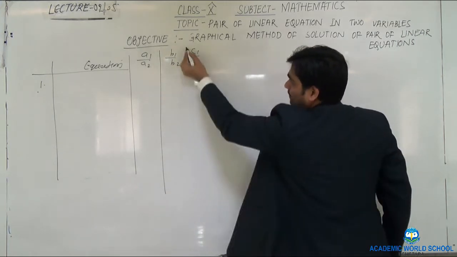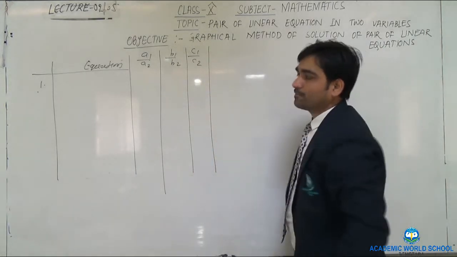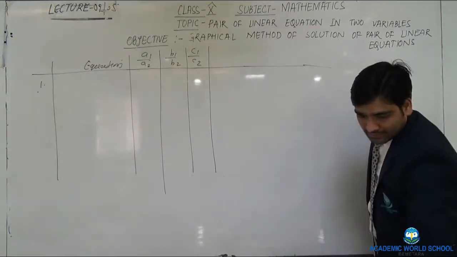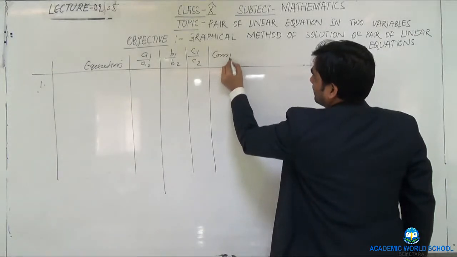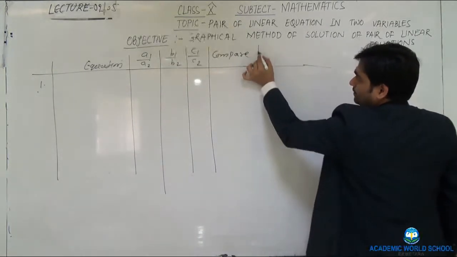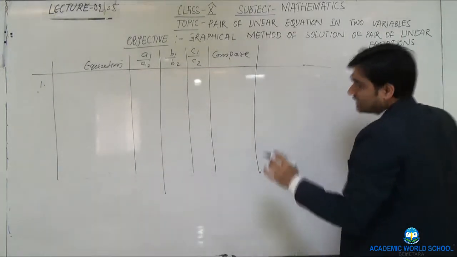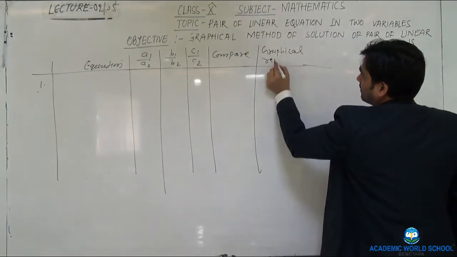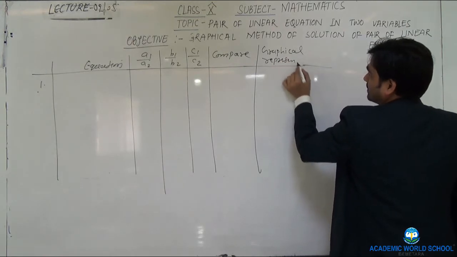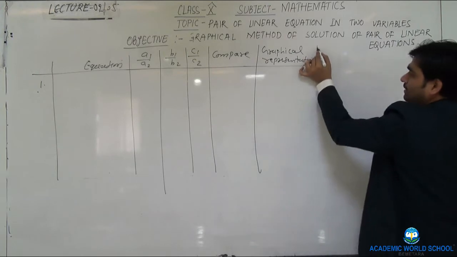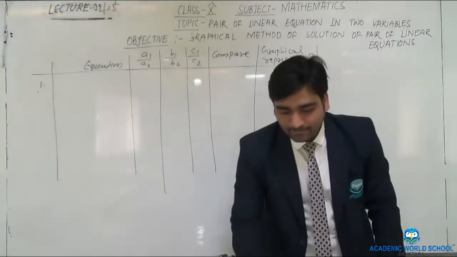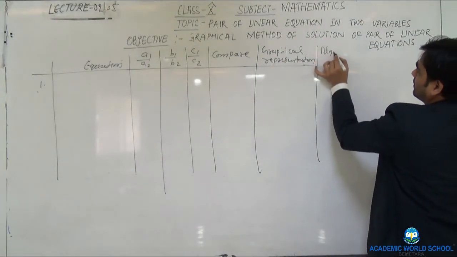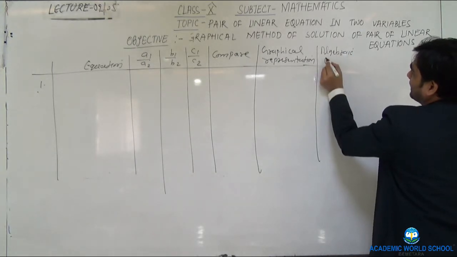I think it will be clear what a1, b1, c1, c2 are. Then we will see the graphical representation, and then the algebraic expression, that is, which type of solution we are getting.